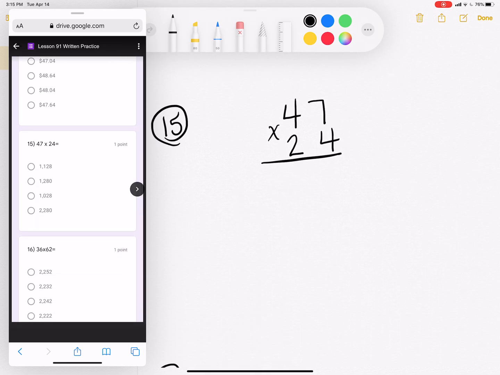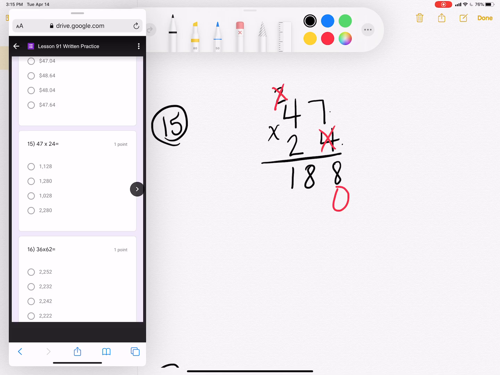Number 15, you're getting more 2 by 2 multiplication practice. 7 times 4 is 28. 4 times 4 is 16 plus 2 is 18. And here we're going to do three things. We need to mark out what we carried, mark out that first ones place, and add a 0.